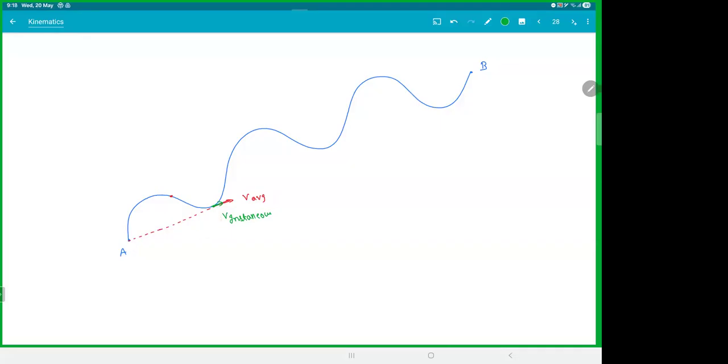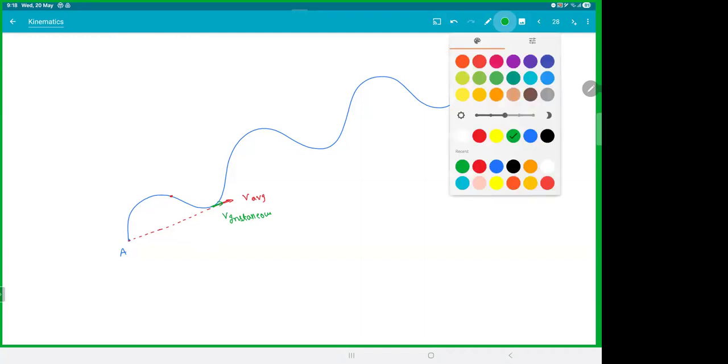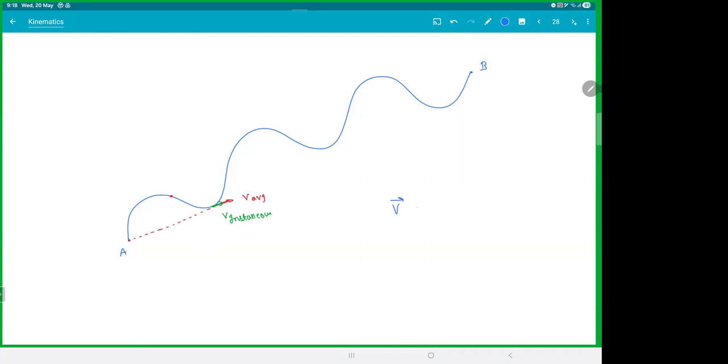When the V average becomes a tangent to the curve, that is a direction, right? And we need to find that. So V instantaneous is always tangential to the curve. So you just need to find the points where V average also becomes tangential.